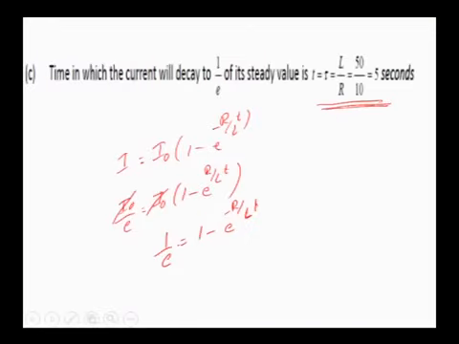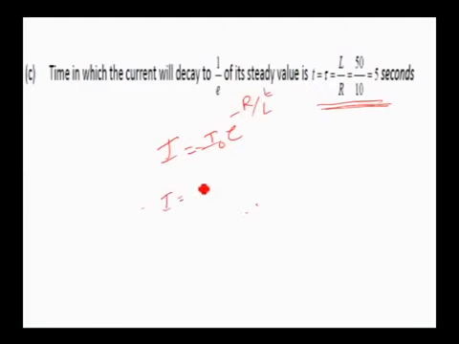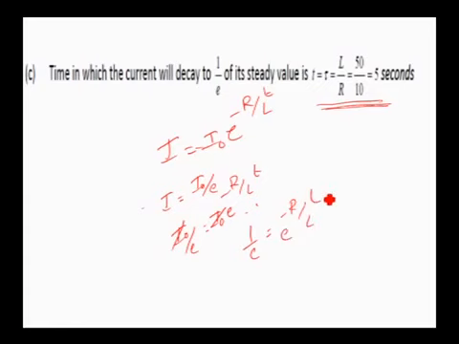Okay, but this is actually related to decay, so the expression is going to be I is equal to I naught into e power minus R by L into t. When the current becomes I naught by e, we write I naught by e is equal to I naught into e power minus R by L into t. Cancel I naught. We have 1 by e is equal to e power minus R by L into t.